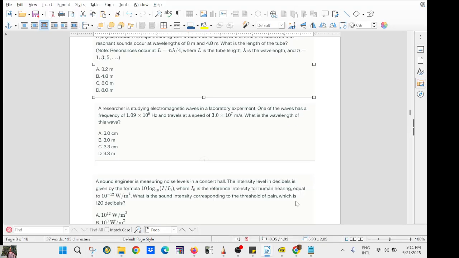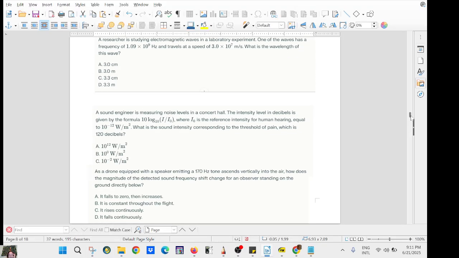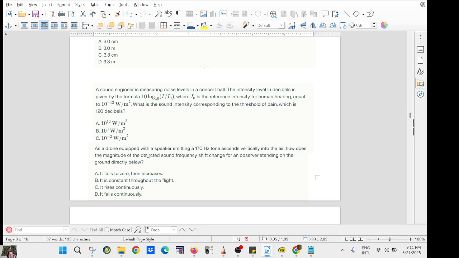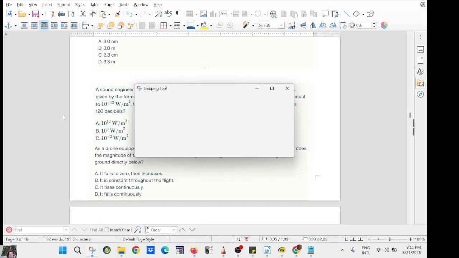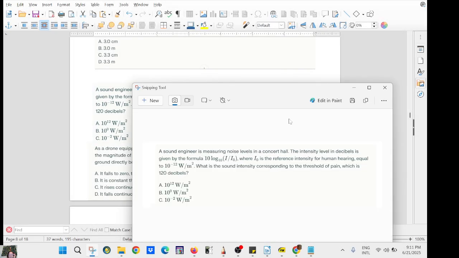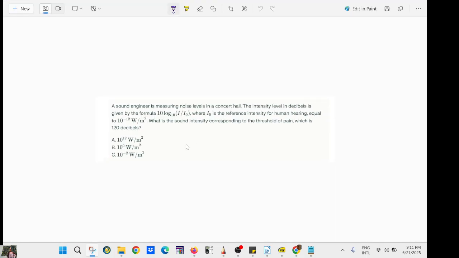Okay, next one. I wonder if we are missing one equation here. Anyway, this is the definition for decibel.